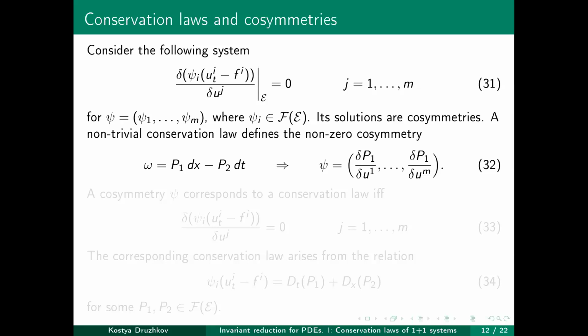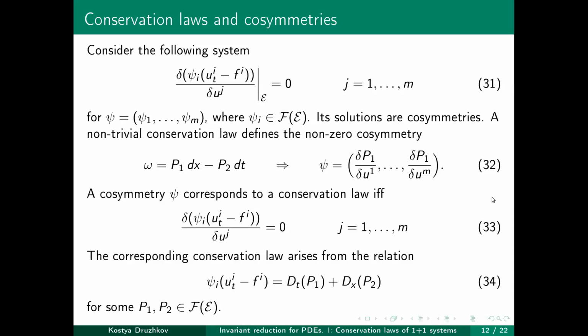The idea is that cosymmetries are not equivalence classes, right? The inconvenience related to conservation laws is that we have to deal with equivalence classes, but we can deal with something else instead, and cosymmetries are not equivalence classes. This is the main advantage of the approach related to cosymmetries. We can actually calculate something with conservation laws using them.